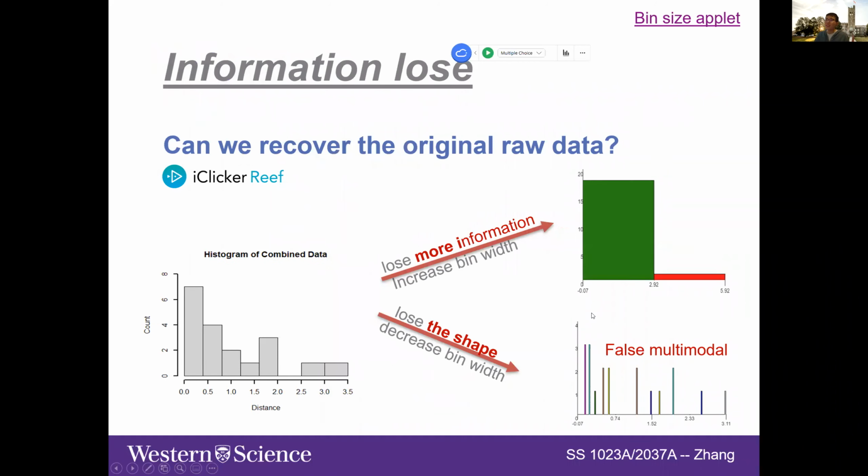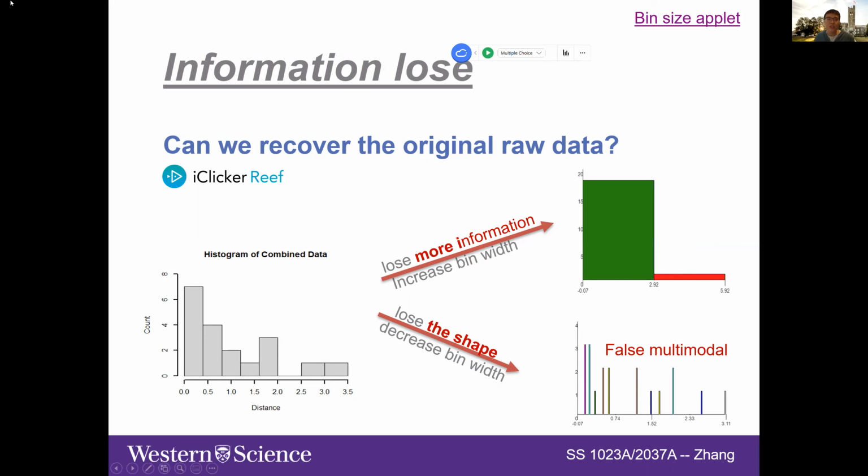As you can see, the histogram is really useful in the sense that it can directly summarize our data set into a plot or graph. But the problem is that we do have some loss of information.